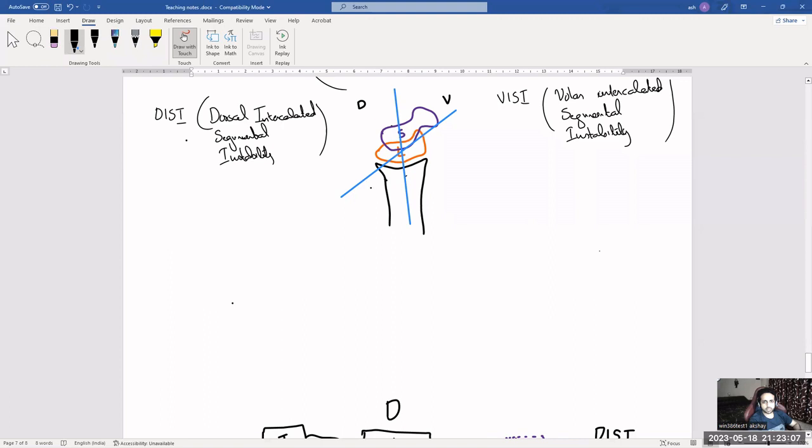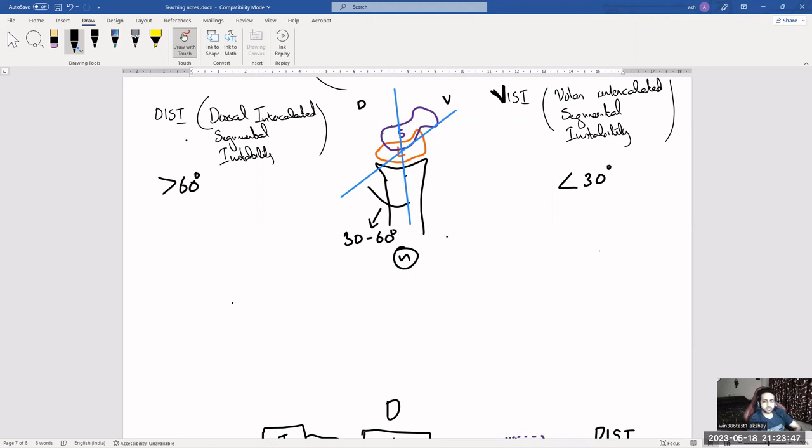This is the scapholunate angle, usually between 30 and 60 degrees. In DISI, the scapholunate angle will be more than 60 degrees, and in VISI, the scapholunate angle will be less than 30 degrees. You can remember it by the shape of VISI, V: inside the V, it is less than 30 degrees.